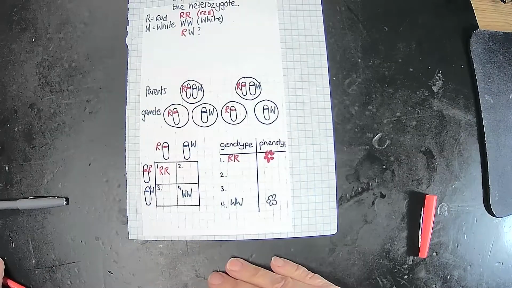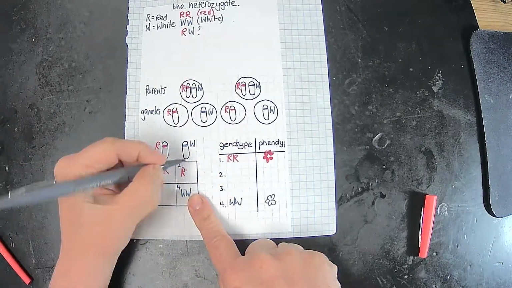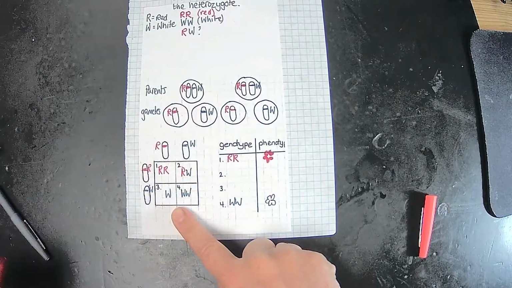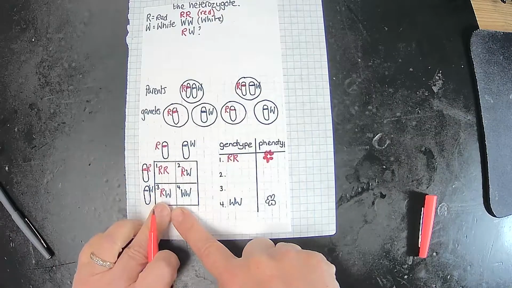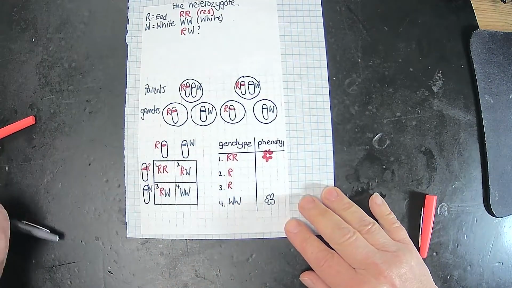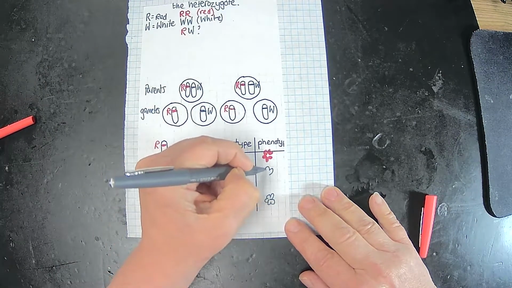The interesting thing is here, because this is going to be RW, and this one is also going to be RW. So what are they going to look like? Well, both of these need to be expressed. So the genotype is heterozygous, big R, big W. What does it look like?